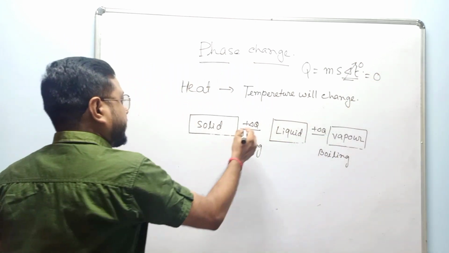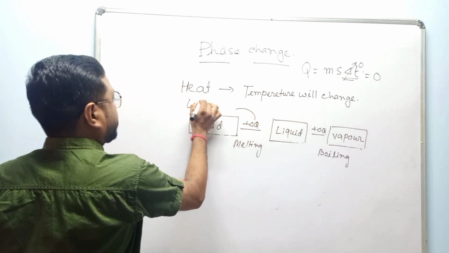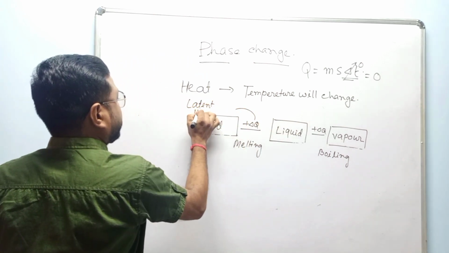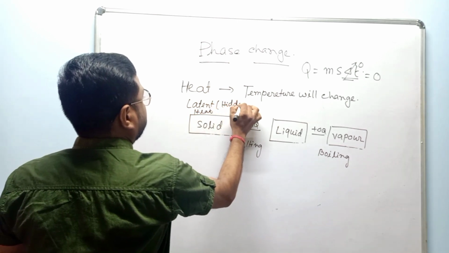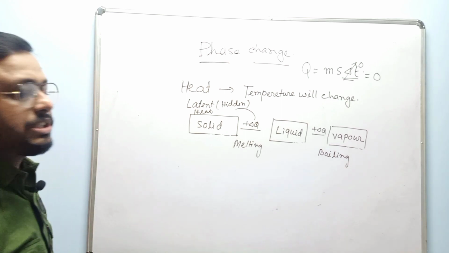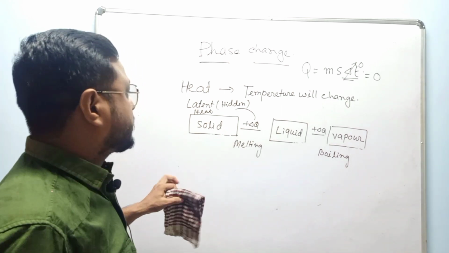So the heat given in this process is called latent heat. Latent means hidden. Why is it hidden? Because it does not cause any change in temperature and it is not measured by a thermometer. So it is called latent heat.